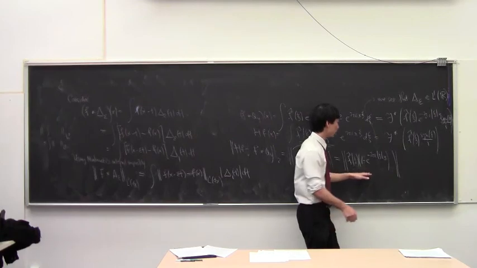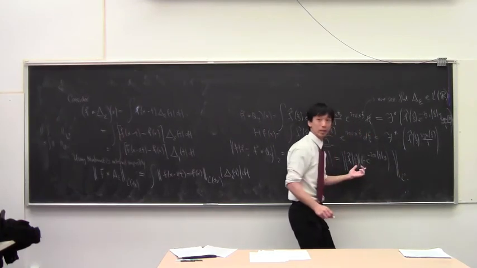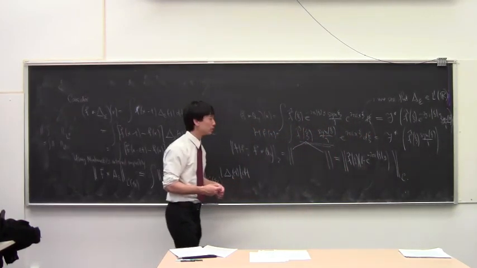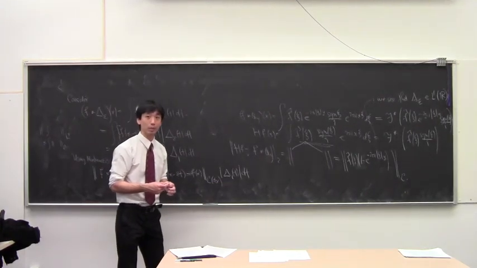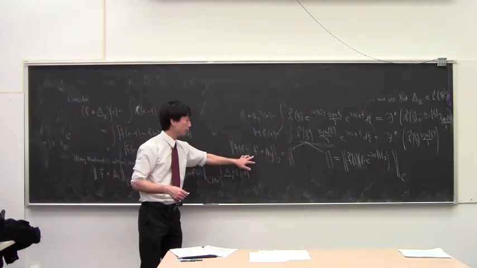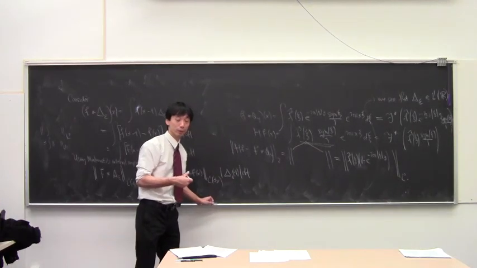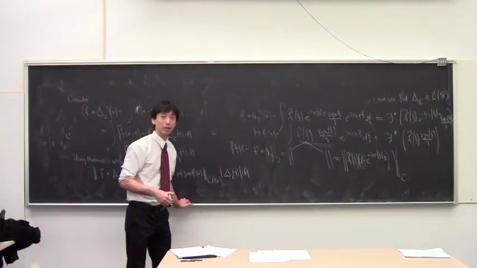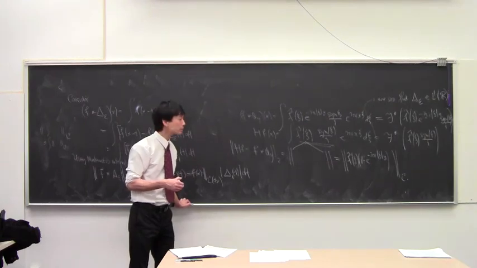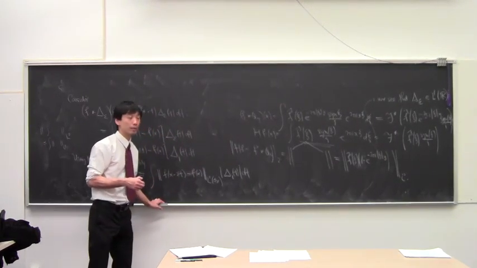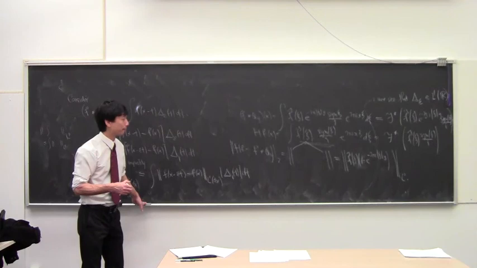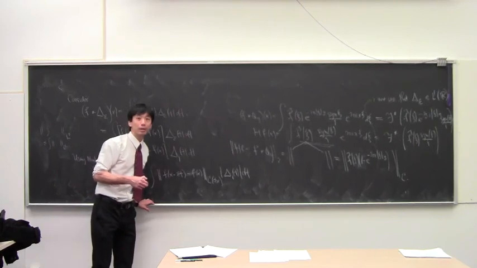So you get the L2 norm of that. It's just Plancherel's theorem, that the L2 norm of something is the same as the L2 norm of its Fourier transform, that the Fourier transform is unitary. Okay, other questions?